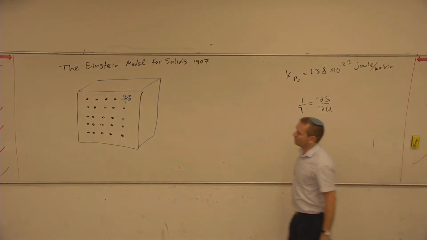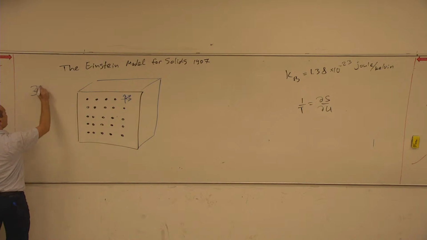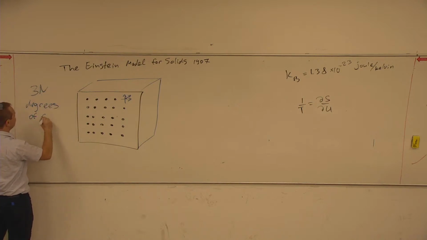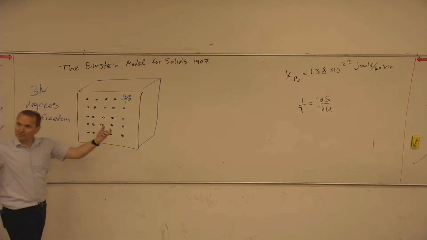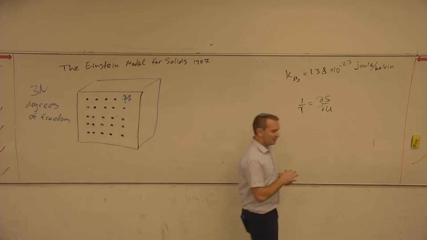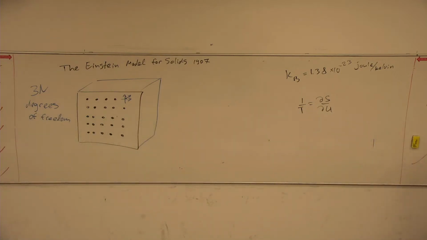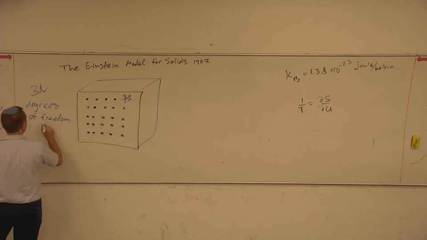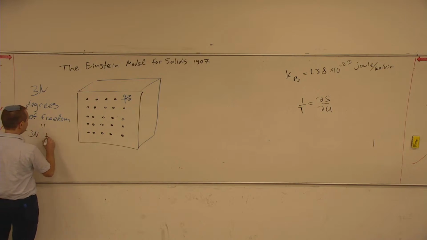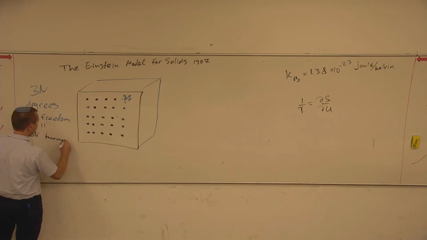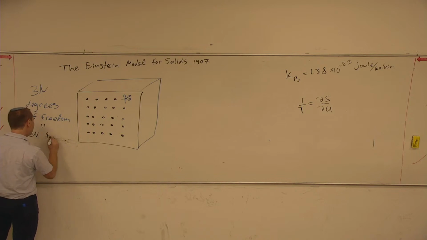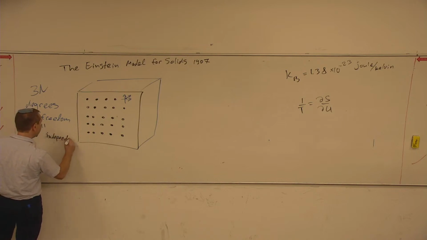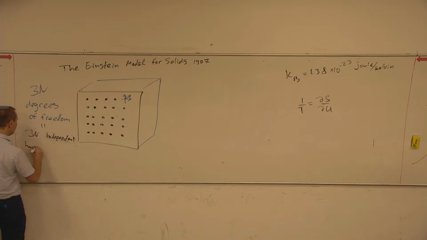Here we have 3N degrees of freedom, and N can be as large as the Avogadro number. So we cannot solve actually anything. We have to assume something. So those are the assumptions of Einstein. We have 3N degrees of freedom, 3N independent harmonic oscillators.